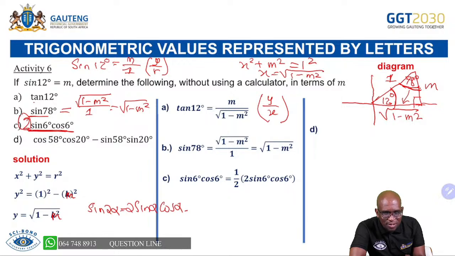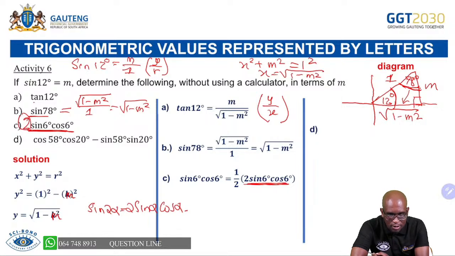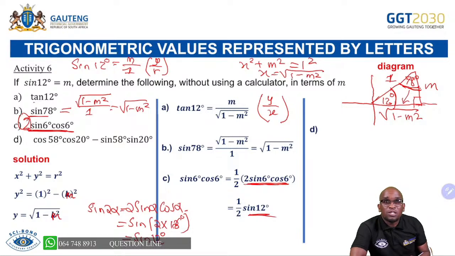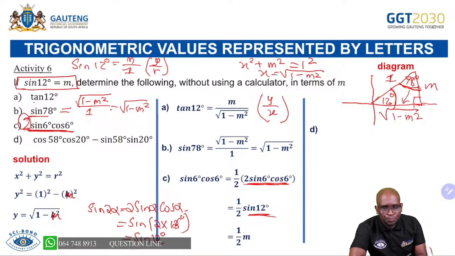So you are going to multiply it by half times 2 so that you can use the double angle formula there. So we write sine 6 cos 6 as half times 2 sine 6 cos 6. We know 2 sine 6 cos 6 would be the sine of what? 2 times 6, which would be the sine of 12 degrees. So that is where we got the sine of 12 degrees. Sine 12 was given here as m, so that would be half of m.